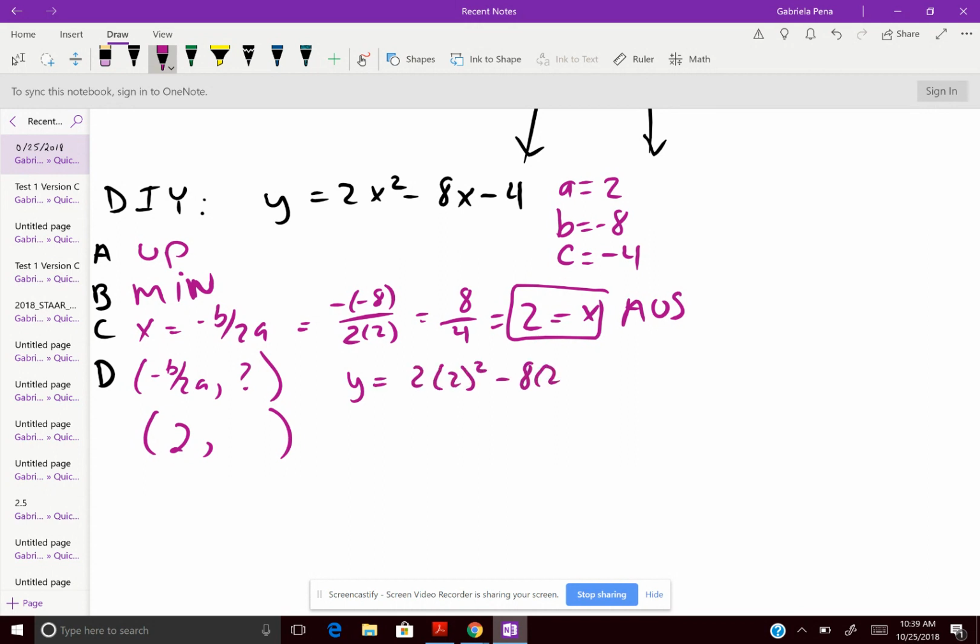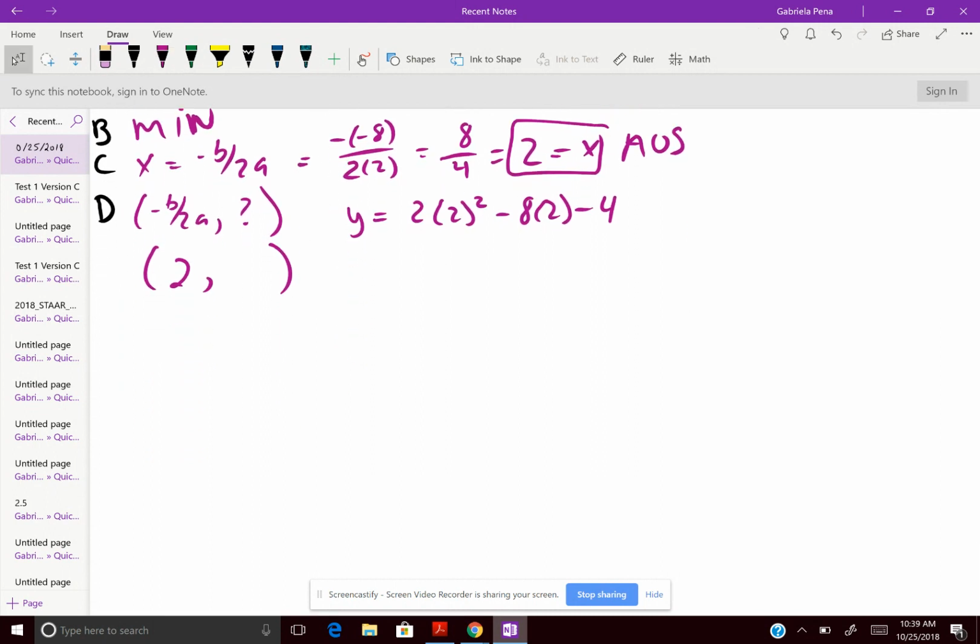But you see, this one's not going to be as nasty because it's whole numbers. What is 2 squared? 4 times 2 is 8, minus 16, minus 4. What is that? Negative 20. So it's 8 minus 20, negative 12.